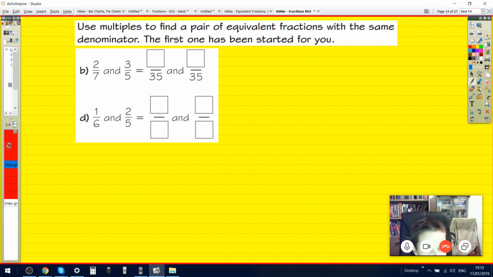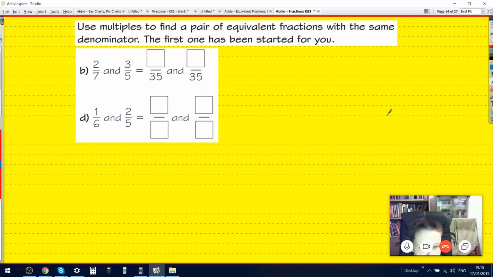How about these? Use multiples to find a pair of equivalent fractions with the same denominator. The first one has been started for you. So 2/7 and 3/5 equal something over 35 and something over 35.